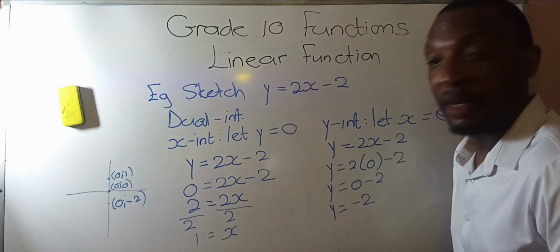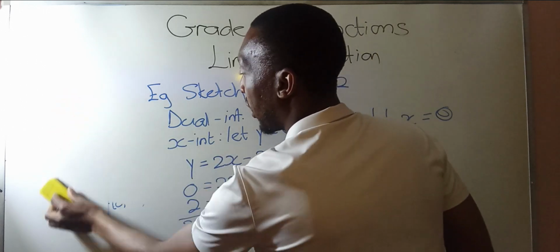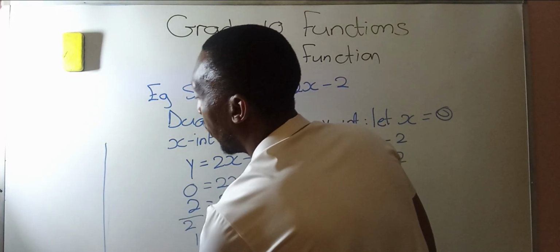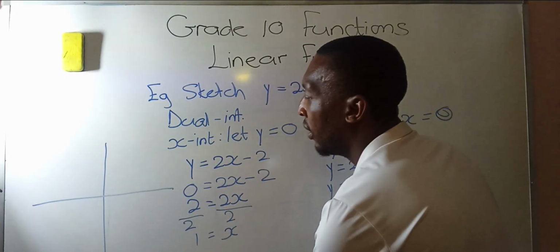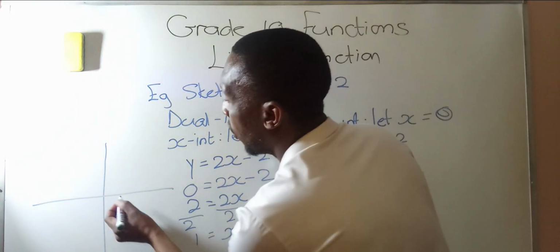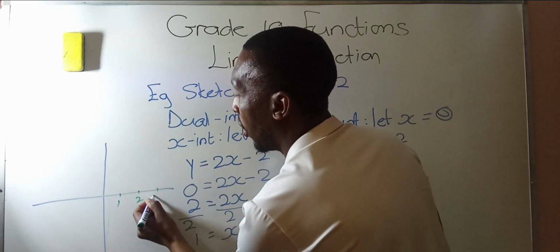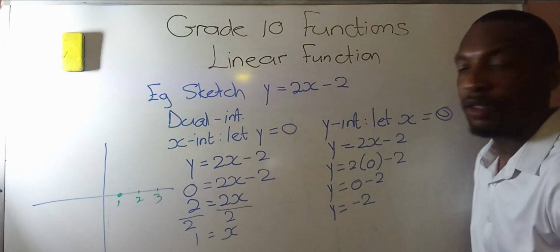And then let me sketch it. Let's sketch this graph. Where am I going to sketch it? Here, right? If that is my Cartesian plane, let's make it green. My x-intercept is 1. So if that is 1 and that is 2 and that is 3, it means my graph cuts the x-axis there at 1.